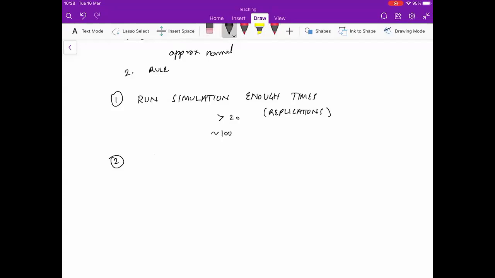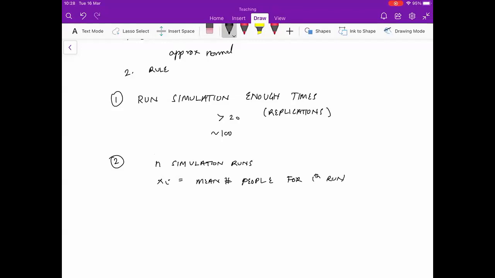So let's say we run n simulations so far. It's n simulation runs, and we are going to compute xi, the mean number of people in Plaza for the ith run.